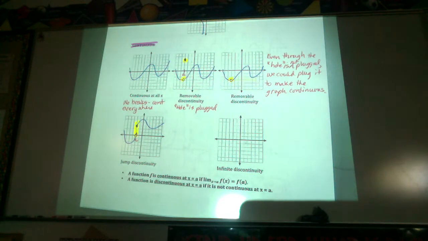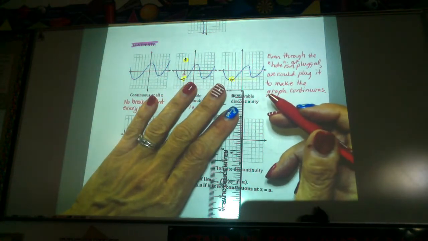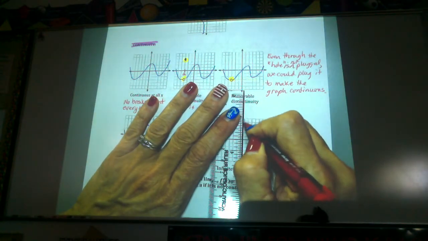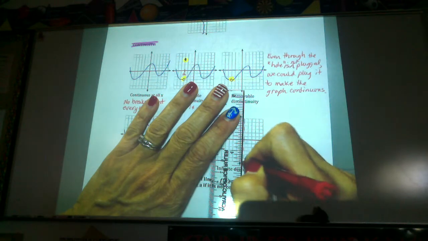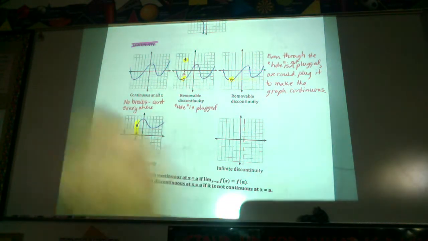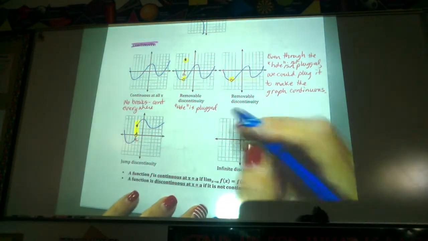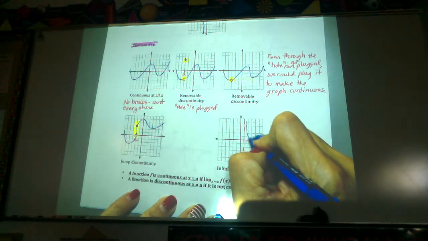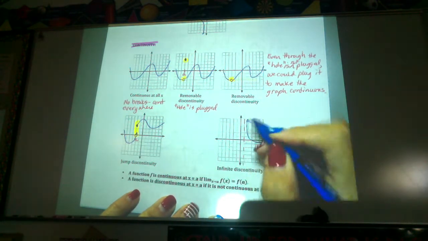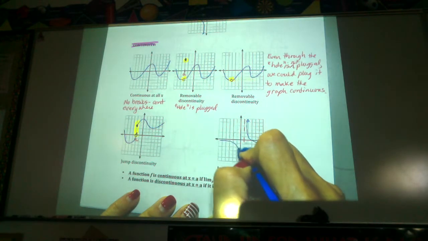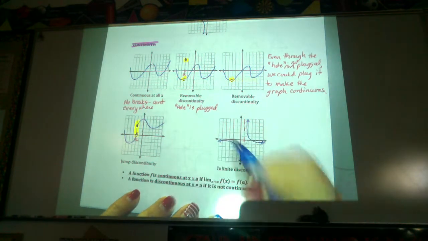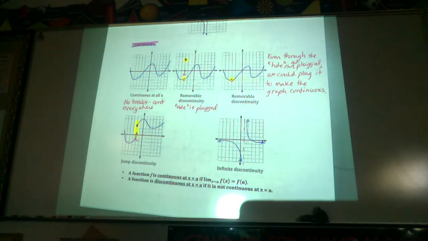And then infinite discontinuity, we've already seen today. It occurs with vertical asymptotes. So we're going to put, and your textbook probably won't put the asymptote in there, but we are for note purposes. So it'll look something like this. And we've seen this today already. So again, the curve itself is not continuous.